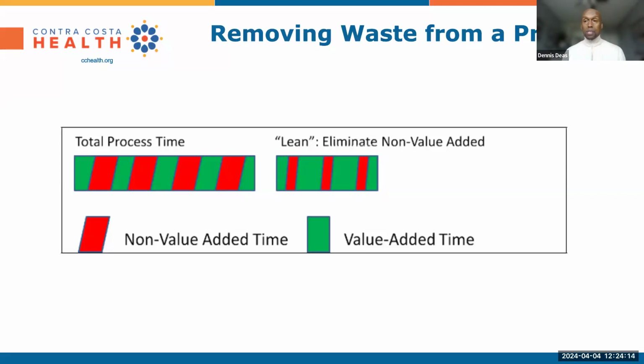The more steps, the more confusion, the more complicated, the more variability. So our job as improvers is to simplify and reduce the number of steps required to complete a job. And that's how you train your staff, with a reduced amount of steps. Okay, next slide, please.